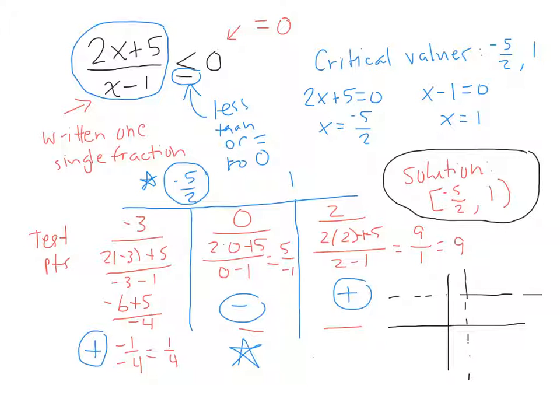Then to figure out our intercepts, for the y-intercept, if we put 0 in for x, we end up with a y-intercept equal to negative 5, so we'd be down here somewhere at negative 5.